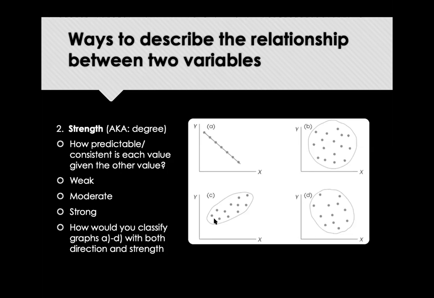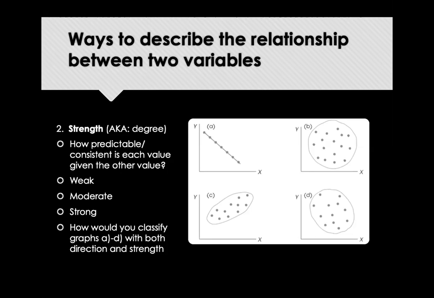You should hopefully review the previous slide if you need to. This is a positive relationship in graph C. And it's a pretty strong positive relationship. It's not perfect, like in figure A, where all of the points fall exactly on a line, but that's highly unlikely in real world research. Figure C is a good example of what you'll see in the real world as a pretty strong relationship.